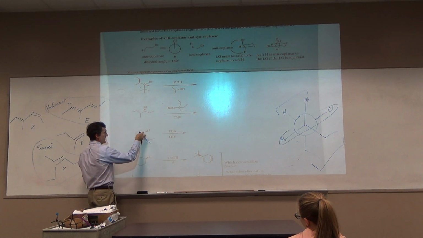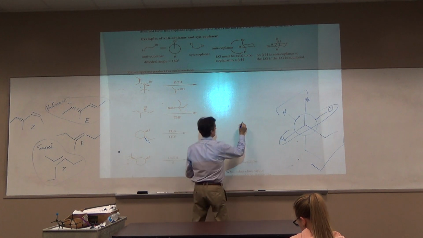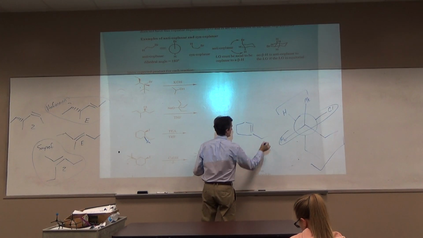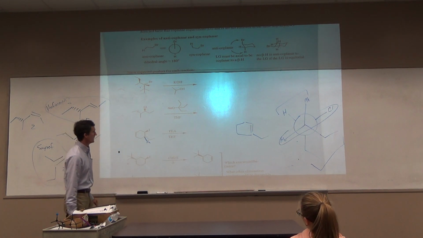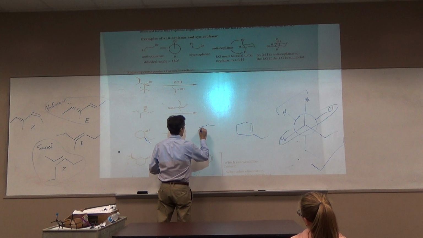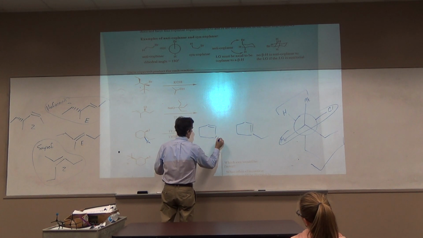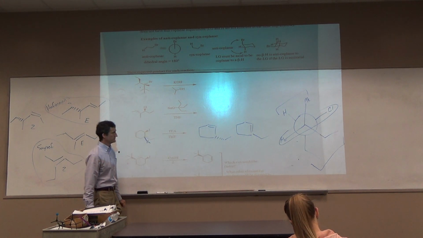By the way, the Zaitsev product would be putting the double bond in here, yeah? Double bond here, trisubstituted. If I put the double bond in at the other position, it would be disubstituted.